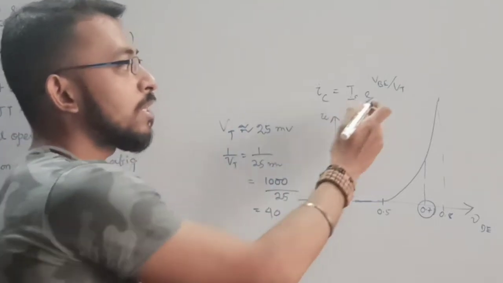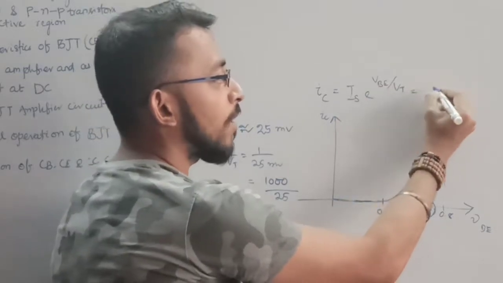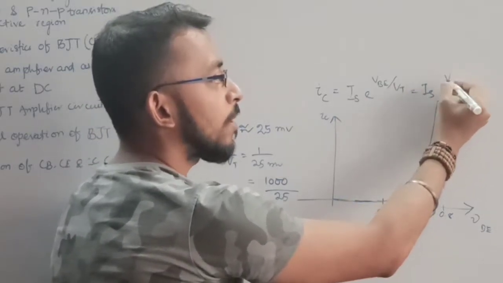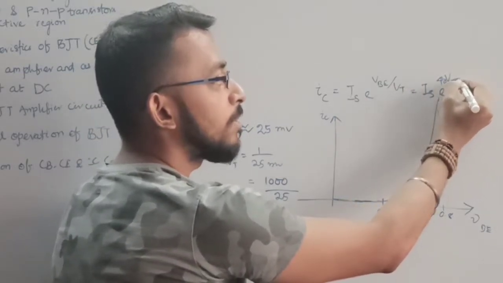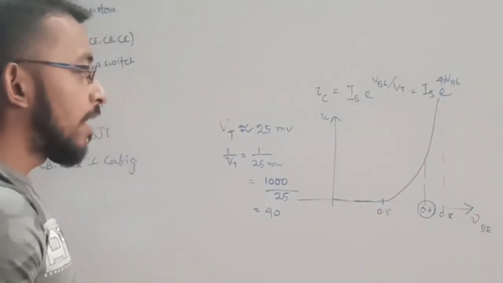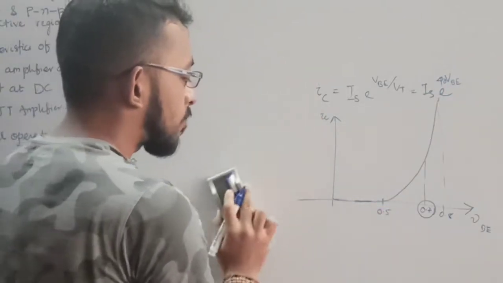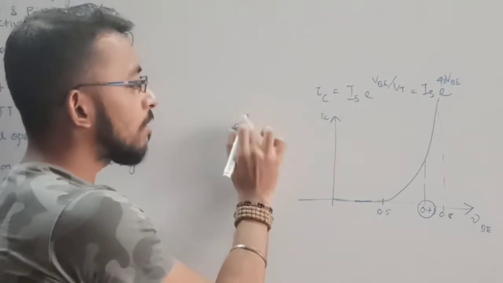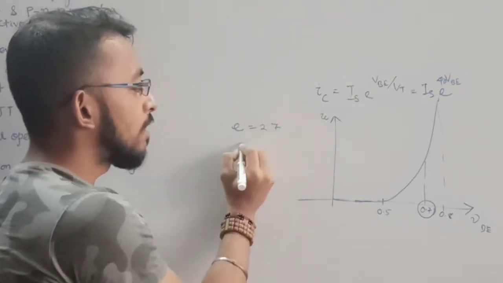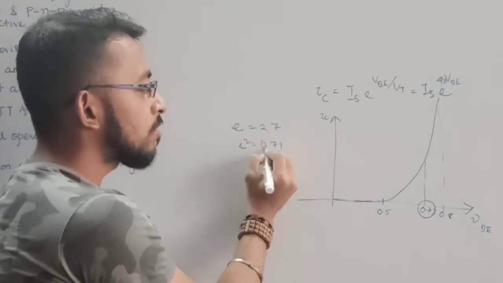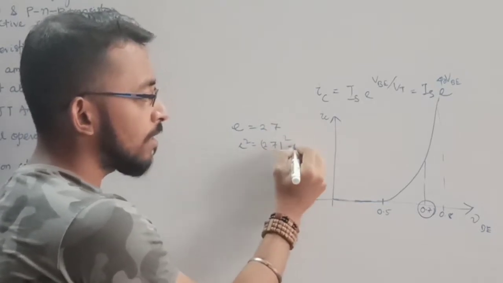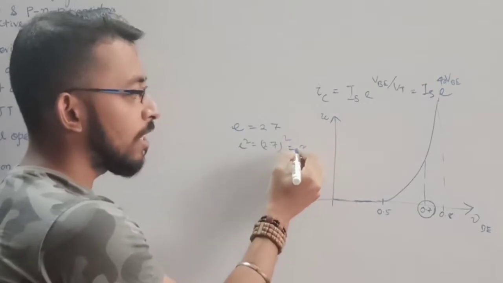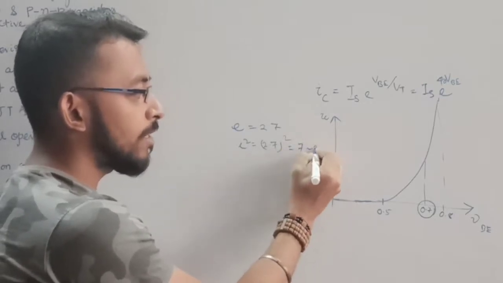So in place of that I can write Is e power 40 VBE. We know our exponential term increases rapidly. What is the value of e? e is 2.7. e square, 2.7 square, is approximately between 7 and 8.